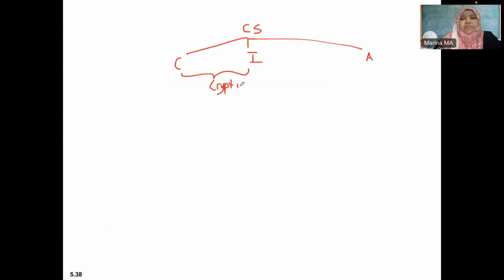Confidentiality we can achieve through encryption, cipher, so we get this from encryption and decryption. For integrity, from the first module, we can get it from hash.